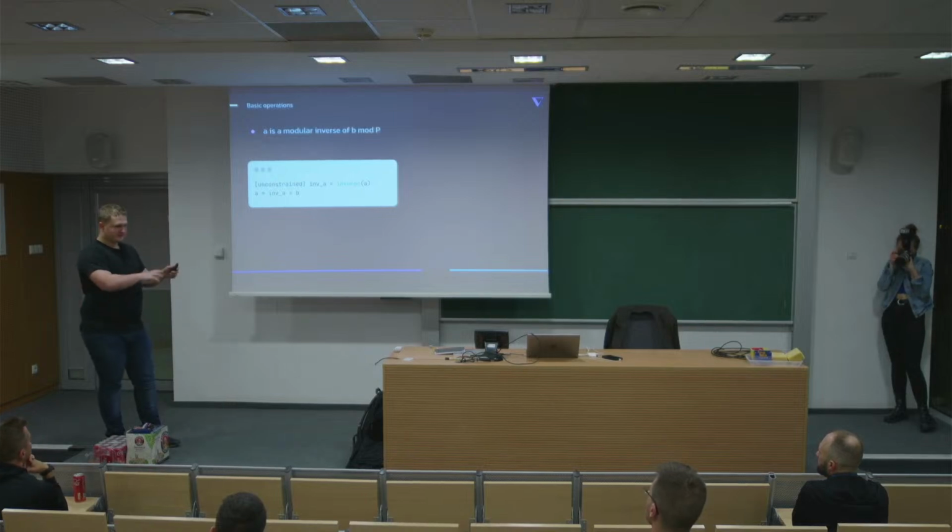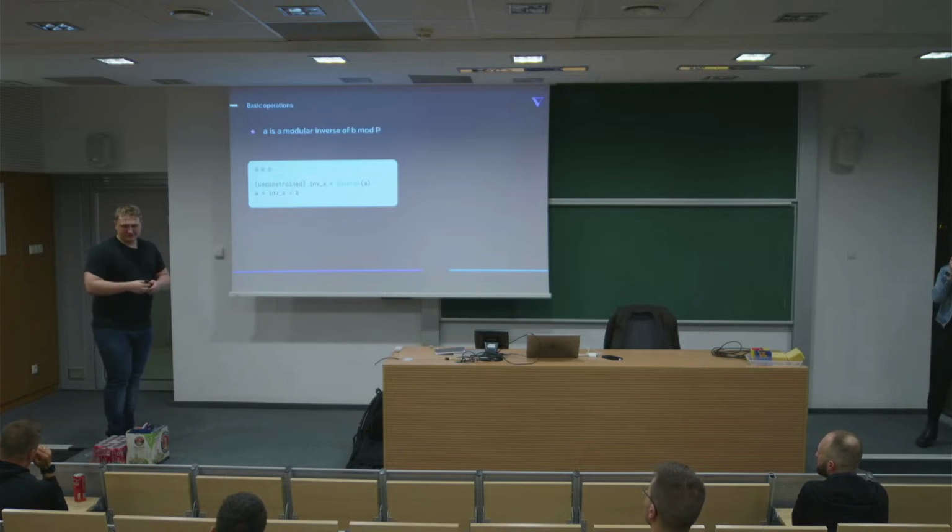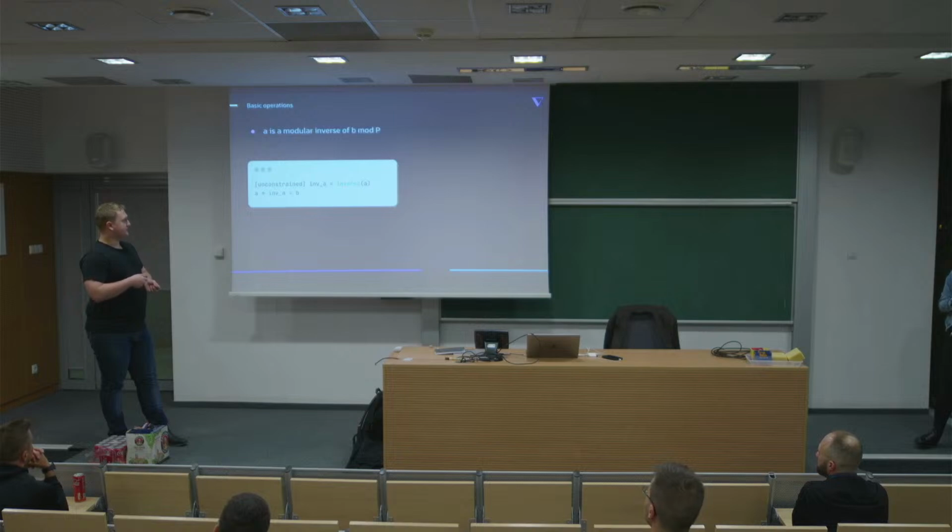So stuff that you get from unconstrained could be good, but it could be bad, so you need to check everything about it later. But here we're good because we have the check. If this is correct, then we know that what we got from unconstrained was correct. If a malicious attacker inserts some bad variable here, this will just not be true, but this is constrained. So this is the first operation.